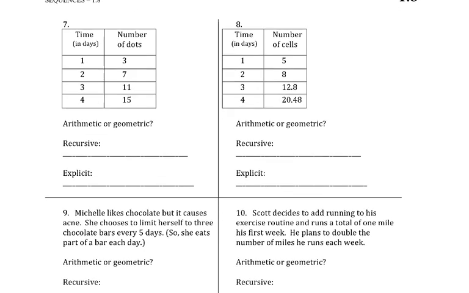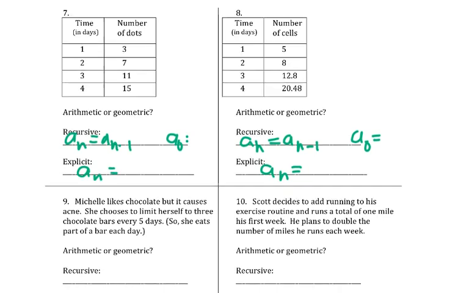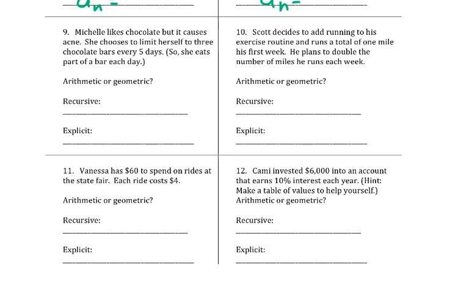Okay, now let's do the same thing, but this time with the table. So again, a sub n equals a sub n minus 1, and a sub 0 equals for my recursive, and a sub n equals for the explicit. Remember, that's what we always put in there, so I can always start out by doing that.